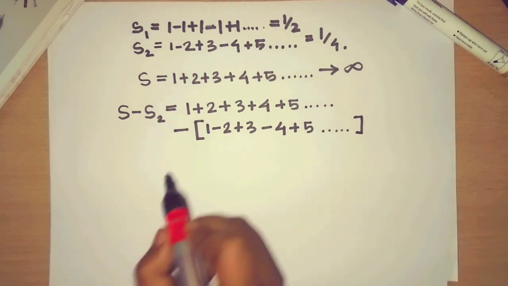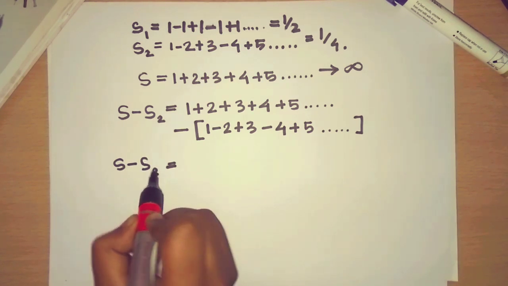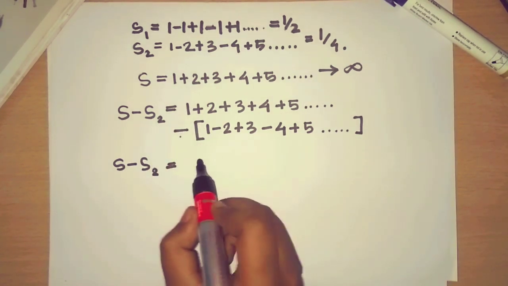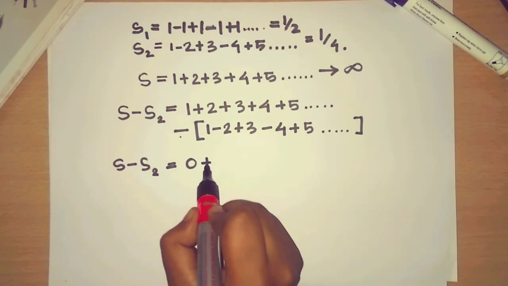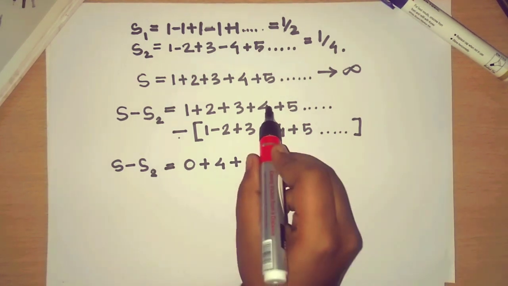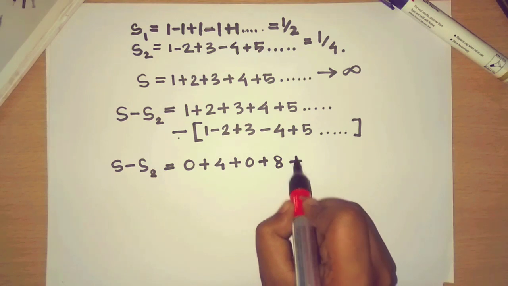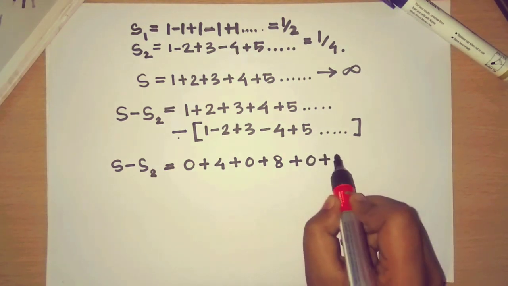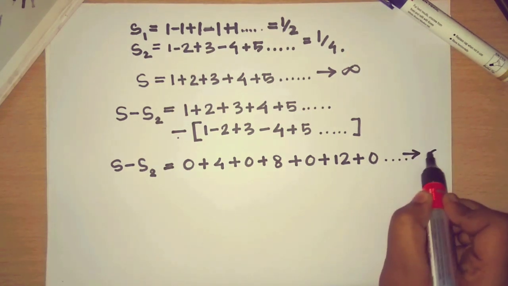There is nothing rocket science here. We are just simplifying the value. 1 minus 1 equals 0. Plus 2 minus minus 2 equals plus 4. Plus 3 minus 3 equals 0. Plus 4 minus minus 4 equals plus 8. And it goes on to infinite series.